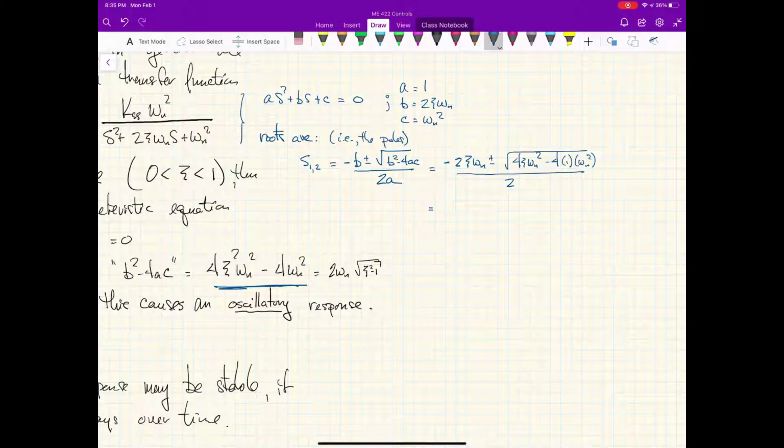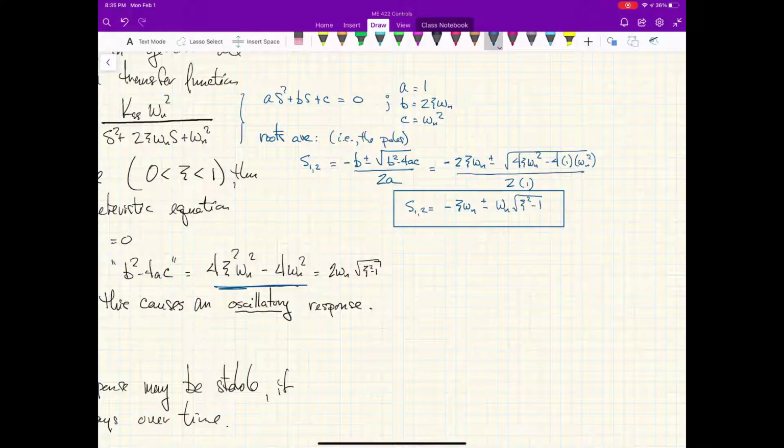So that is going to be minus zeta omega n plus or minus the square root of 4, which I factor out and put on the outside of the radical, divided by 2 is just going to be 1. Same with the omega n, it comes out, so I have omega n times the square root of zeta squared minus 1. So those are my two roots for the quadratic equation.